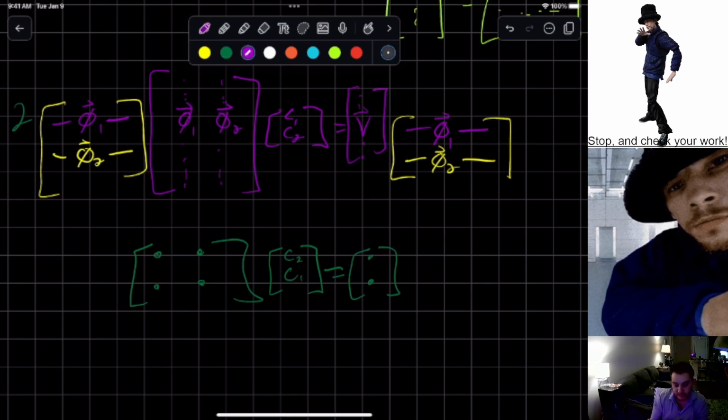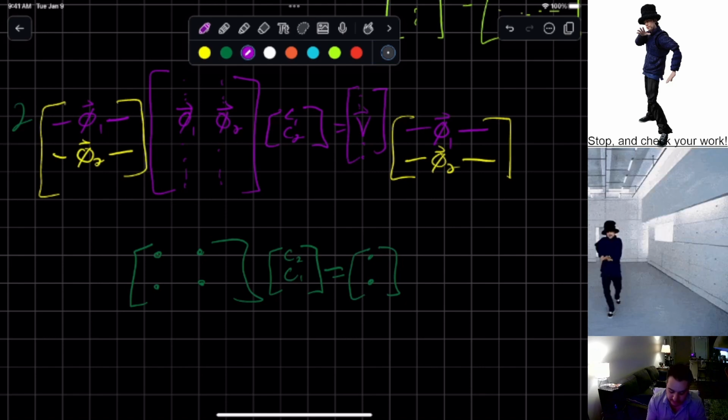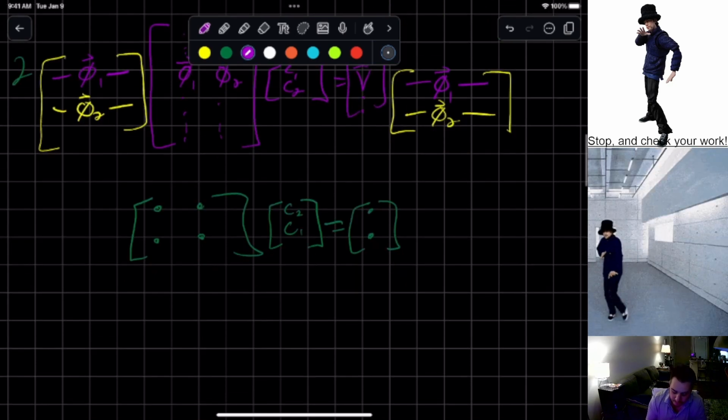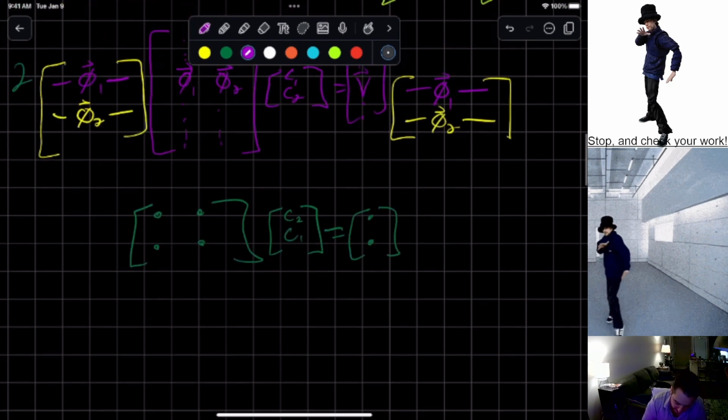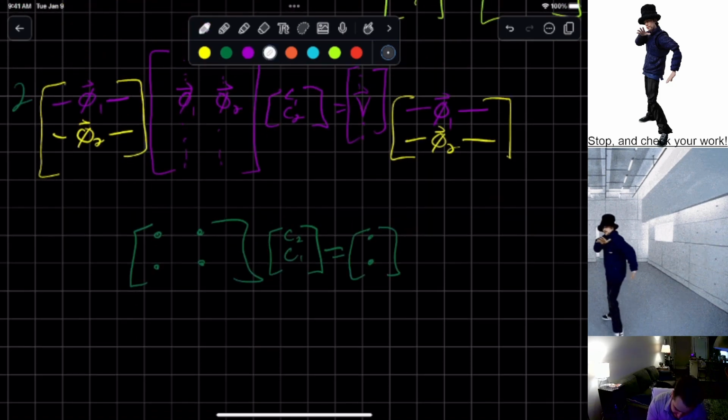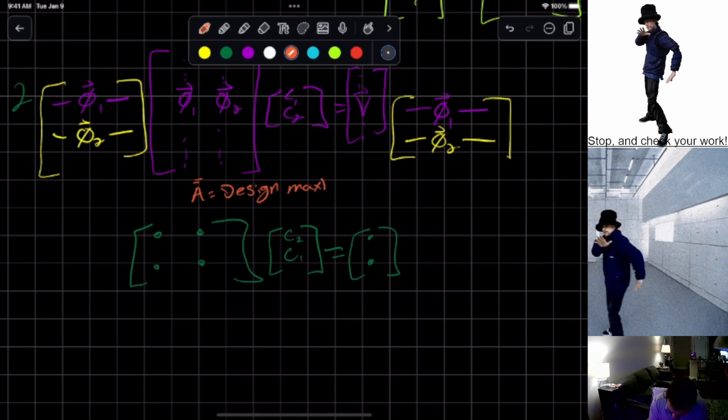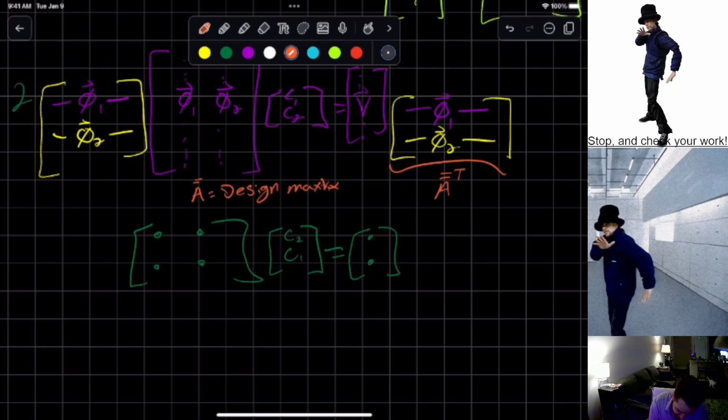It doesn't look like the matrix vector equation, but when you simplify it, you have this design matrix right here, right under your nose. Which makes these the design matrix transposed.